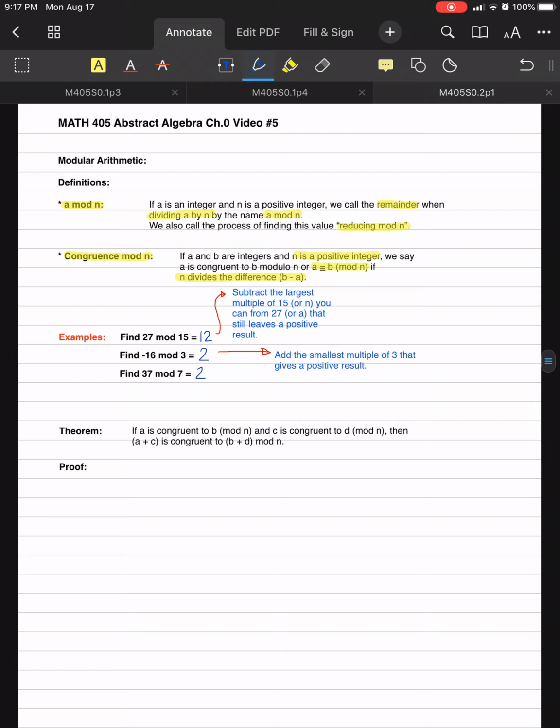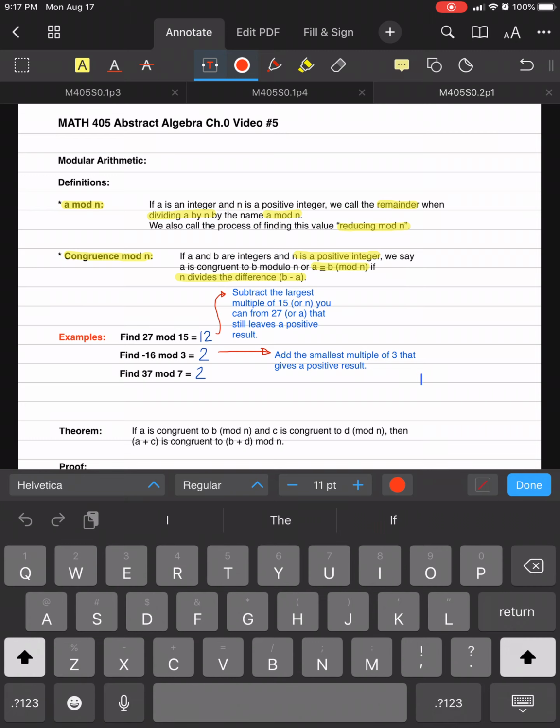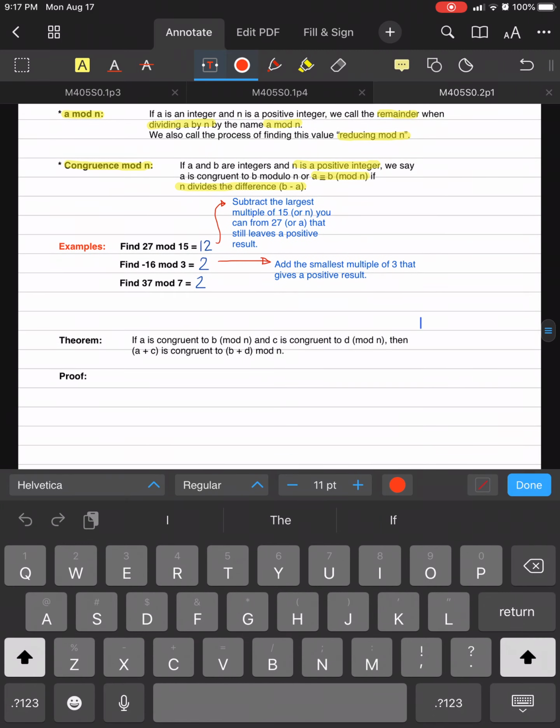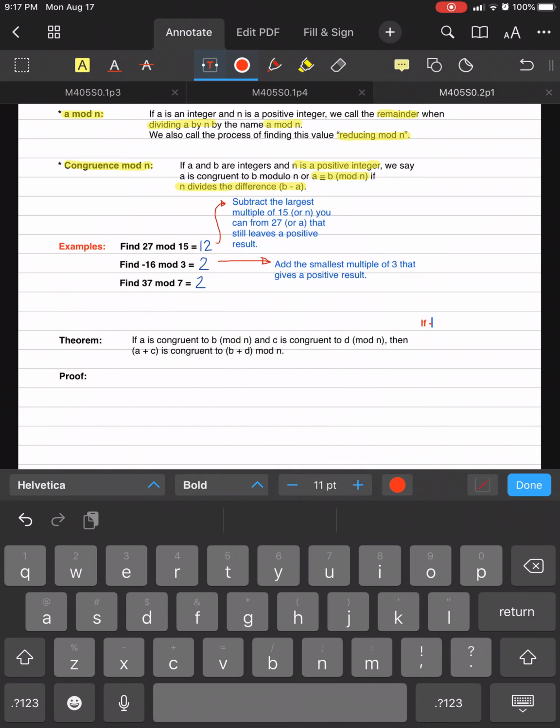Now, before I have you all pause the video and get into that, let me actually type this out. Let's remind ourselves what kind of proof this is. So this theorem is an if-then proof.